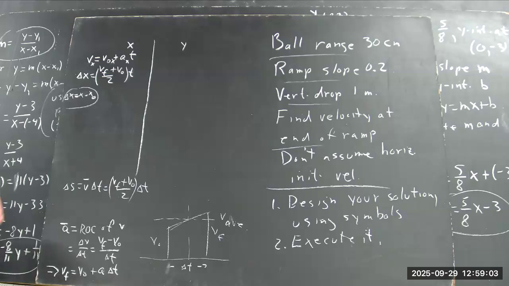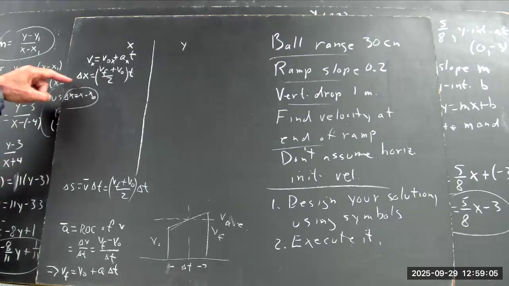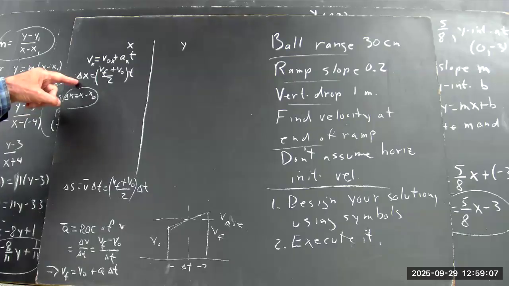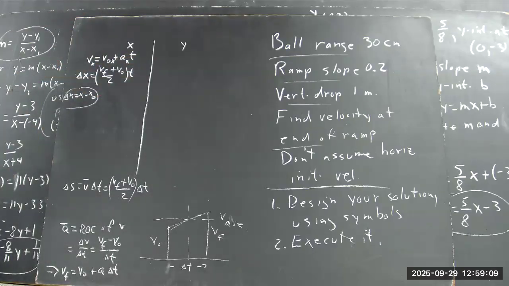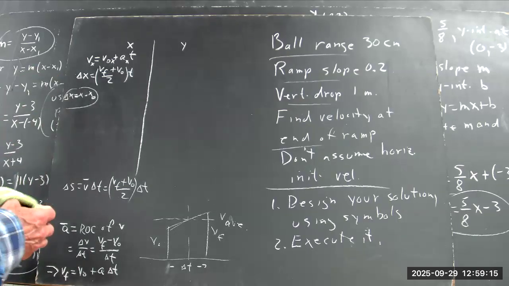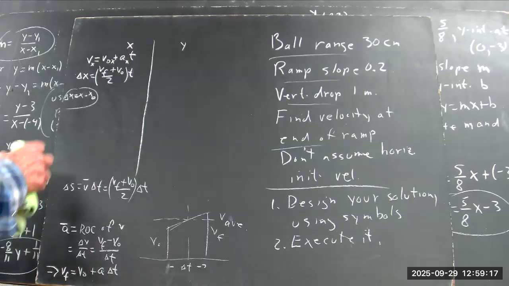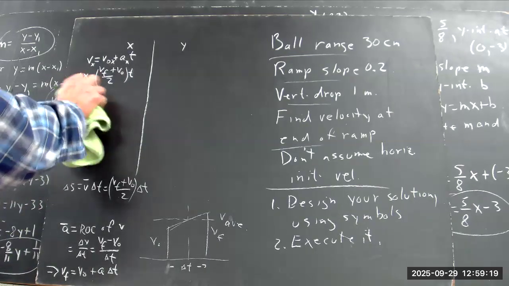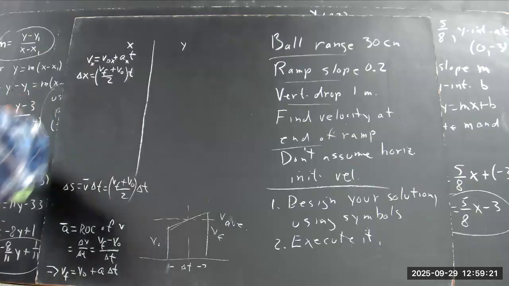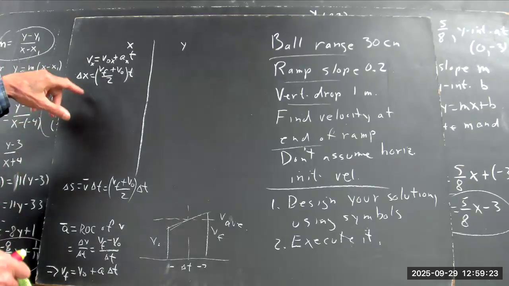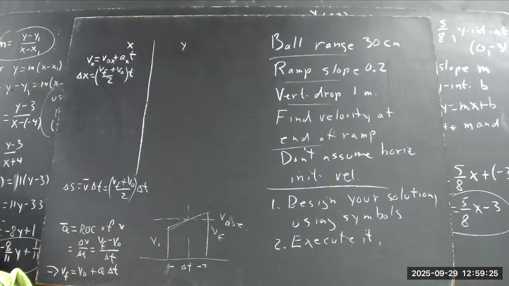All I'm saying is, if you want to replace delta x by x minus x naught, or move the x naught over onto this side, you can do that. But I think it's simpler if you notate it like this. So I'm not going to include that there because I don't want to mess up the whole thing.